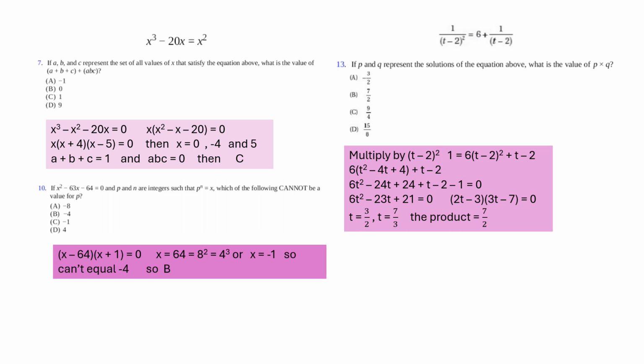Then combine the right terms to the left-hand side and equate to 0 until you arrive at 6t squared minus 23t plus 21 equals 0. So factorize it any way: (2t minus 3)(3t minus 7) equals 0. So either t equals 3 over 2 or 7 over 3. The product will be 7 over 2, which is B.